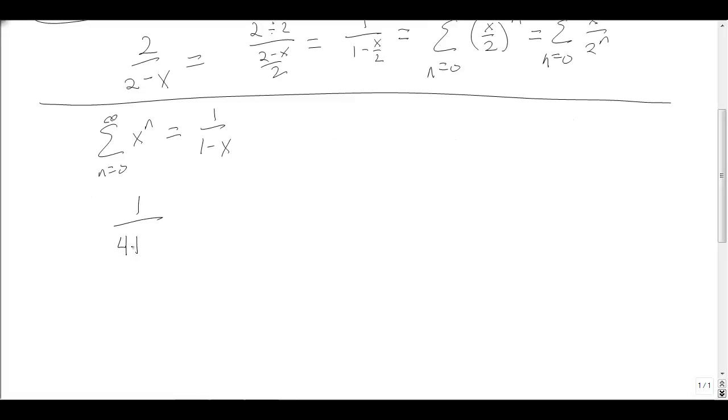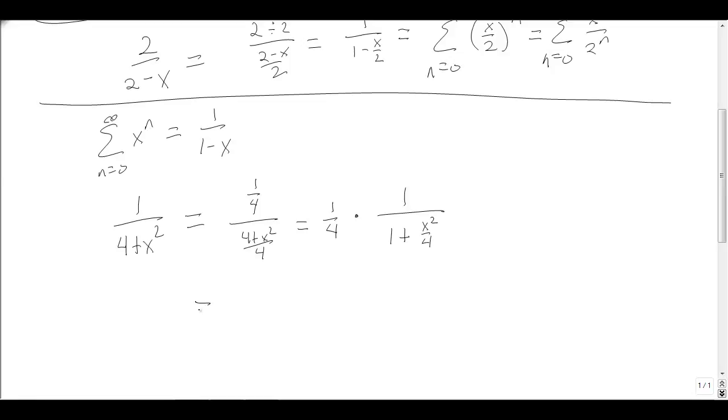So 1 over 4 plus x squared, I'm going to write as 1 over 1 minus something here. So I need to get rid of this 4, so I'm going to divide top and bottom by 4. It's 1/4 over 4 plus x squared over 4. Now this 1/4 on top, I'm just going to have to factor out as a constant in front. That's okay. 4 over 4 is 1 plus x squared over 4.